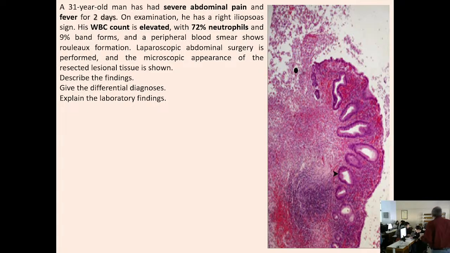How do you evaluate this finding? You have leukocytosis with neutrophils predominating. This is a sign of what? Acute inflammation. And taking into account the location, it's probably appendicitis.